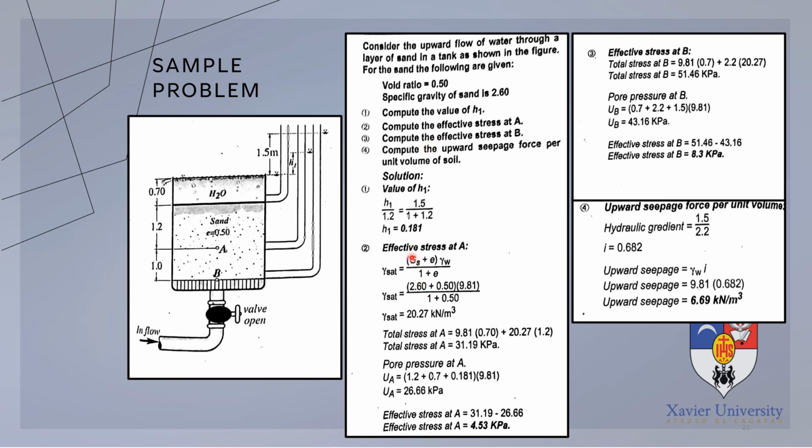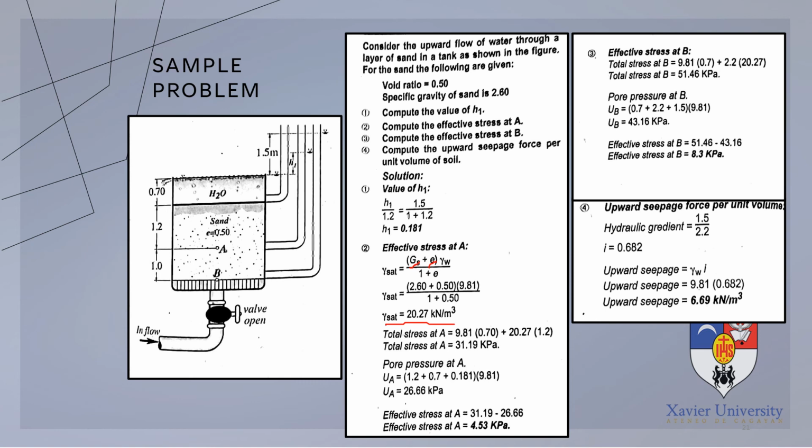Second, we are asked to solve for the effective stress at point A. First, we have to solve for our gamma saturated because it is not given in the problem. Since we are given the specific gravity and void ratio, you can solve for the value of our gamma saturated, which is equal to 20.27.